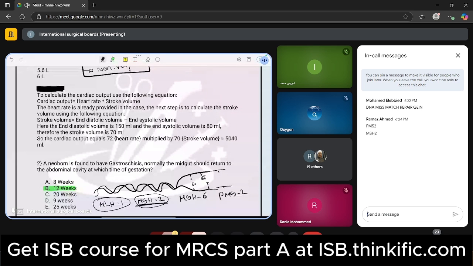Amsterdam criteria meaning there are at least 3 family members affected with Lynch-related tumors, 2 successive generations have been affected, and one of the family members was affected while young, less than 50 years, and those tumors are verified pathologically, right? That's the Amsterdam criteria.